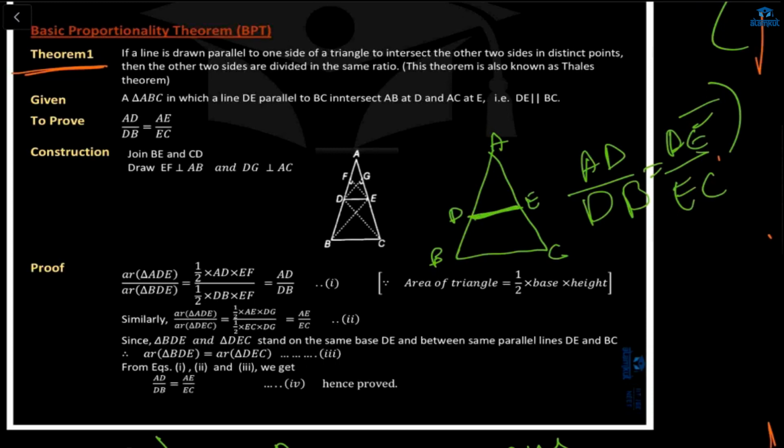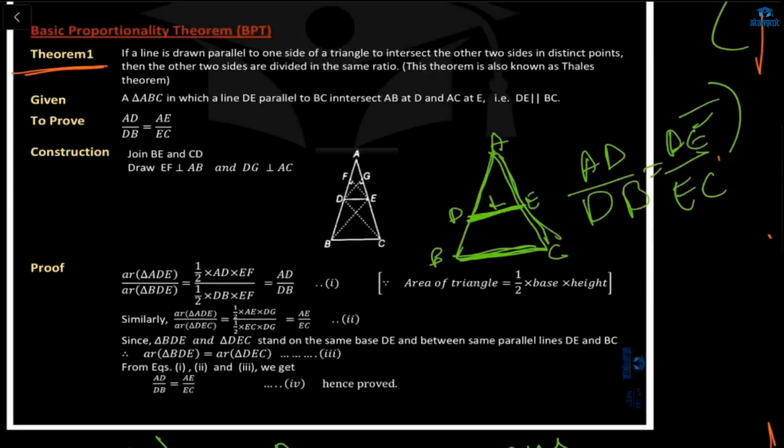That is, AD by DB is equal to AE by EC. And the converse of the BPT theorem is that if a line is drawn in such a way that AD by DB is equal to AE by EC, then DE is parallel to BC.